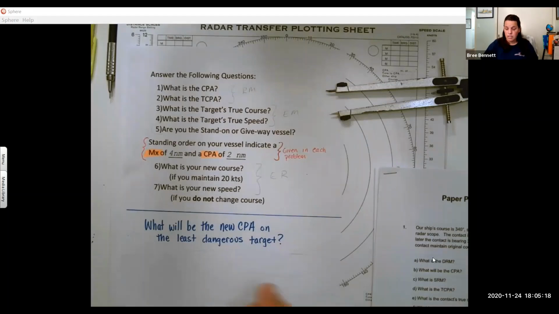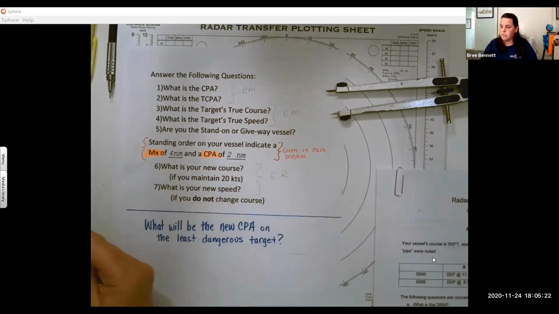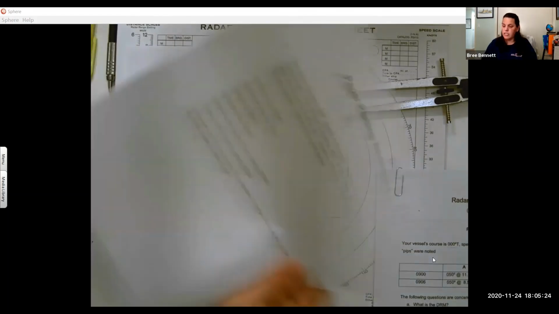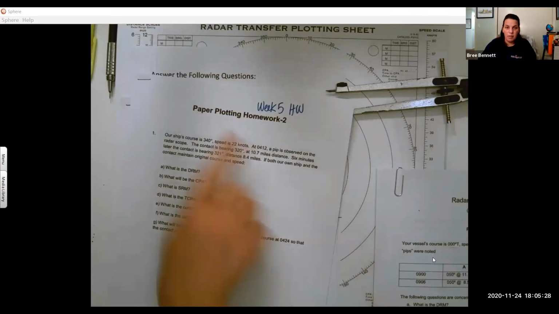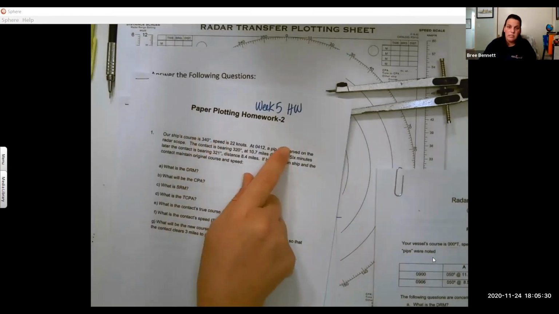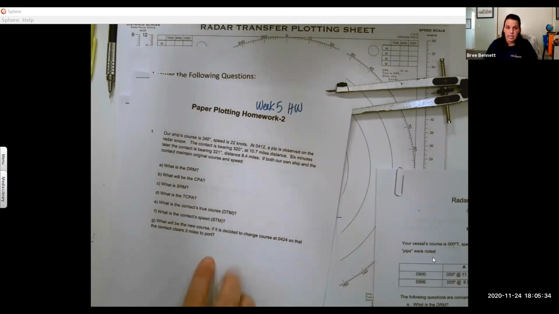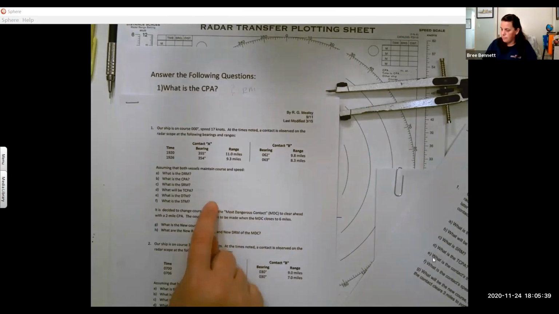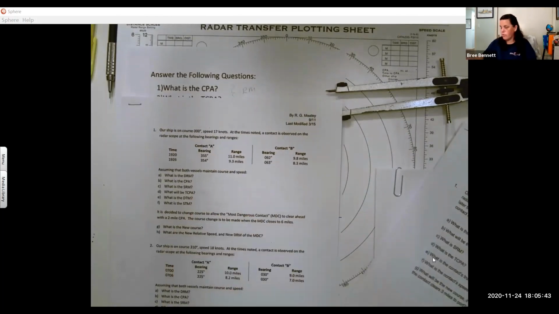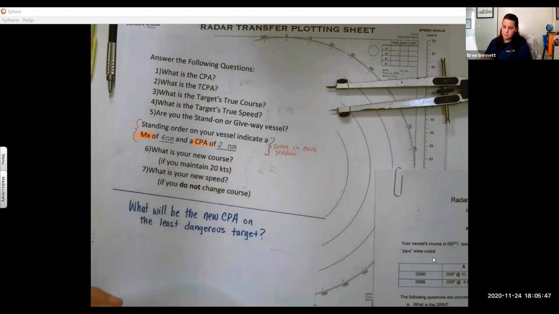But we're going to do a couple from the homework section. Let's start with this one, the paper plotting homework 2, for week 5. We're going to start with this one today, and then we're going to do the other week 5 homework together before we do the quiz, so we can get some warm-ups.